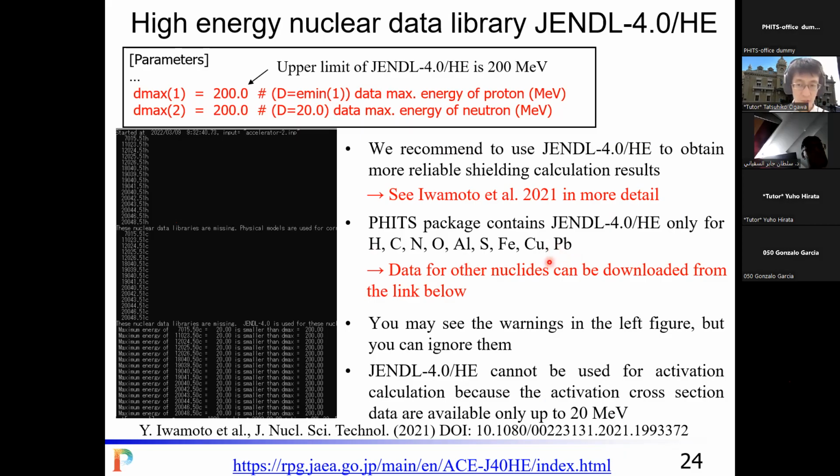If you would like to use cross-section data libraries, actually this info is a bit old because JENDL-4.0 high energy is not the latest. They released JENDL-5. So to perform a precise calculation, I would suggest using JENDL-5. And the JENDL-5 cross-section data library has data up to 200 MeV.